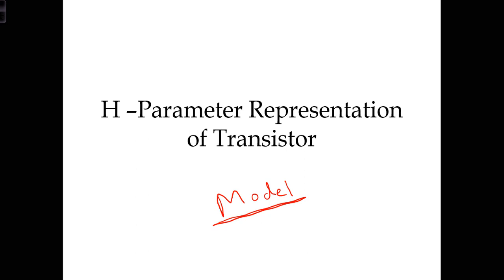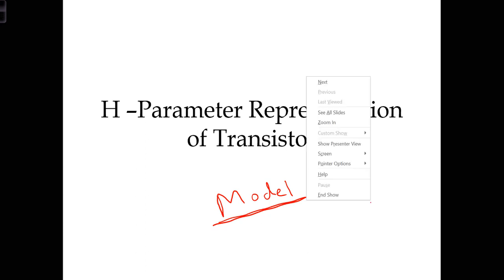Before going to that, we will just review what was taught in the last one, a very fast review. We know transistor is a 3-terminal device. To connect it into the circuit, we need one terminal as a common.